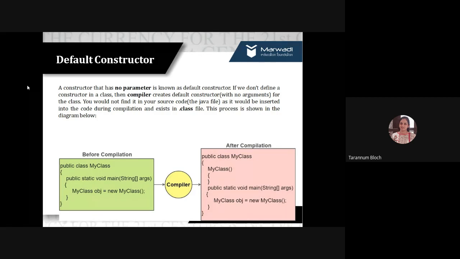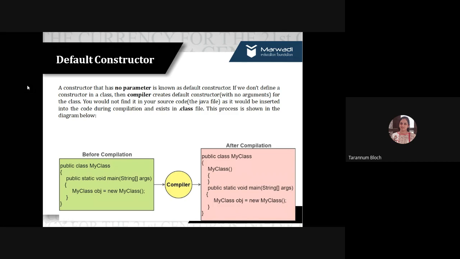Whenever you are creating an object, and we know that we do the compilation by writing javac filename.java, in that case your compiler will add the default constructor on its own. So after compilation, your code will be something like this. You can see the pink color block where the MyClass default constructor has been added automatically, right?